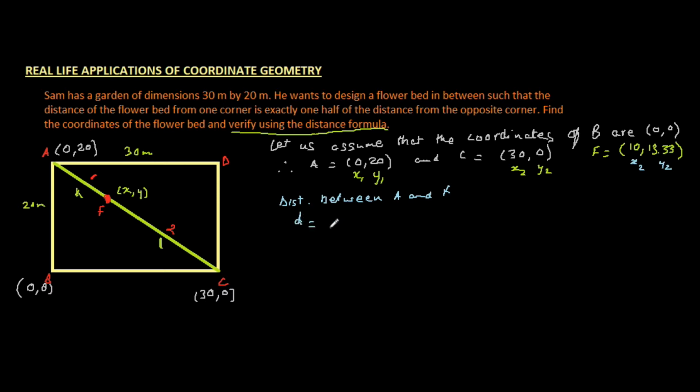So the distance formula we know is the square root of (x2 minus x1) whole square plus (y2 minus y1) whole square.